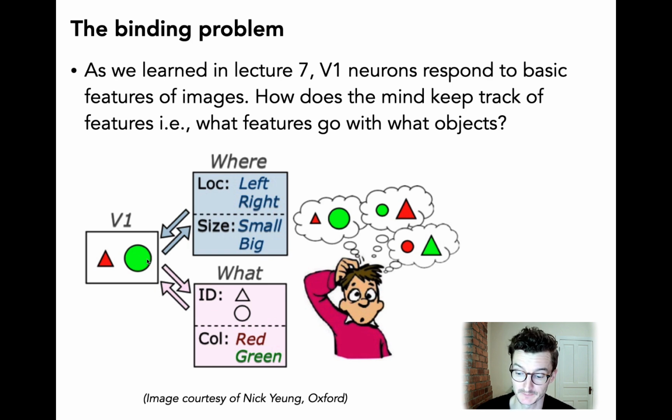So one idea is that attention allows us to solve this problem. By attending to objects in our world, attention effectively binds the features of objects together so that when we look at a green circle beside a red triangle, we actually perceive the circle as green and we perceive the triangle as red, because those features of those objects have been bound together by attention.